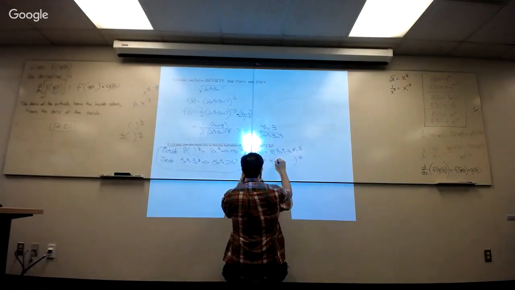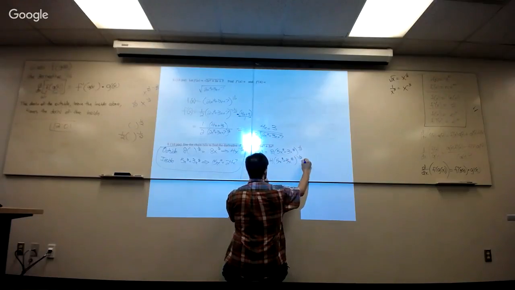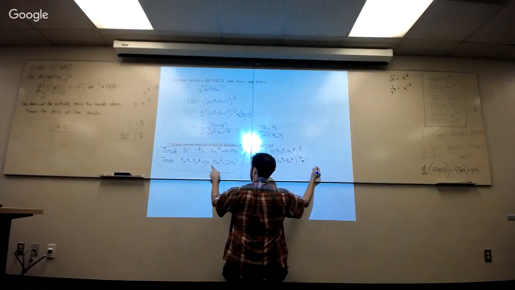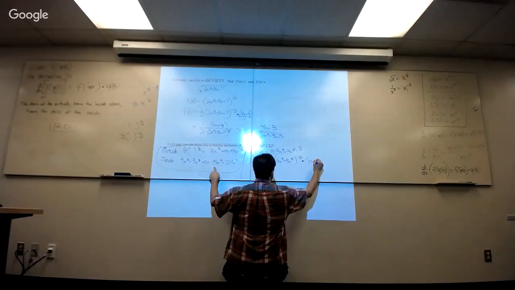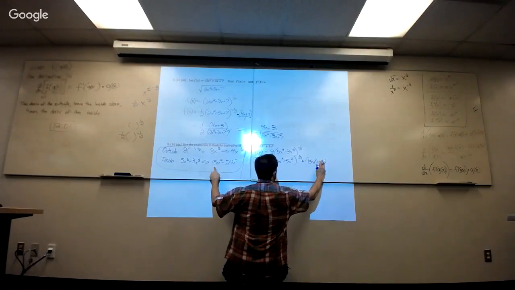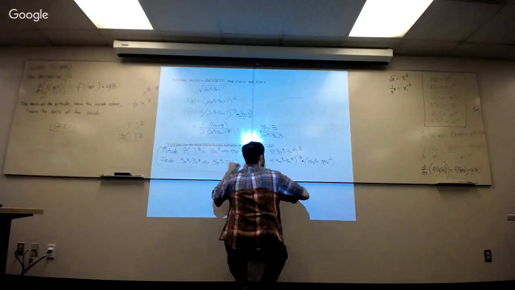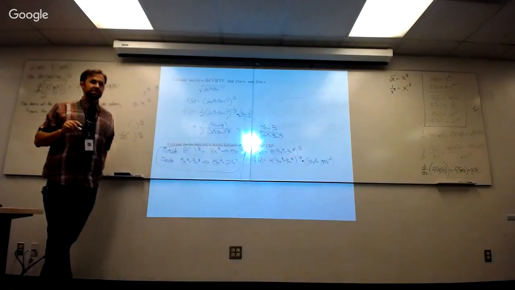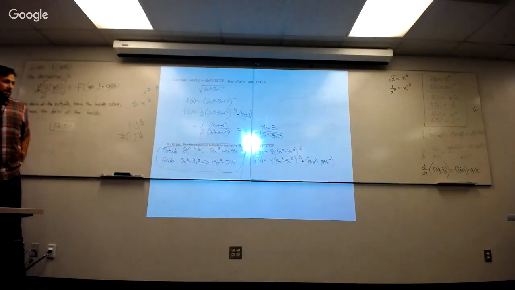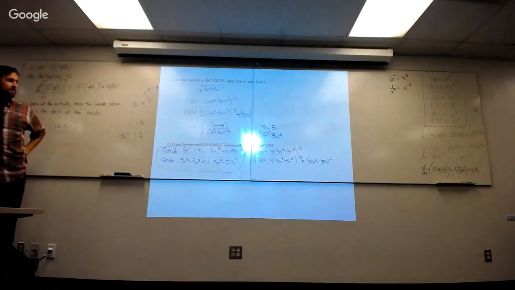Leave the inside alone. And then multiply by the derivative of the inside, which is 15x squared plus 24x to the 7th. Is that the answer you expected? The derivative of the outside, leave the inside alone, times the derivative of the inside.